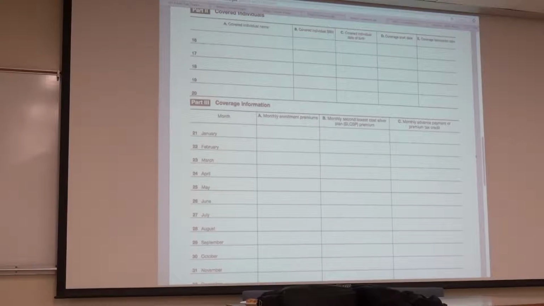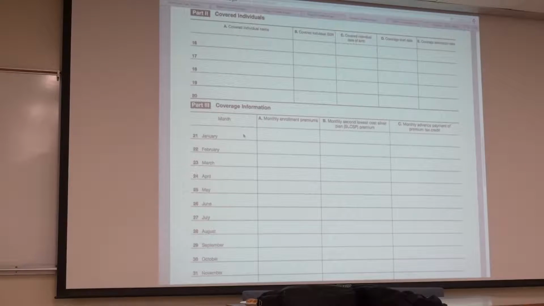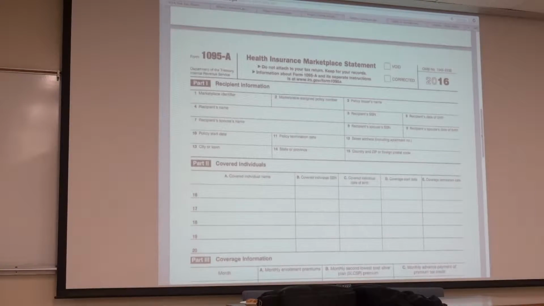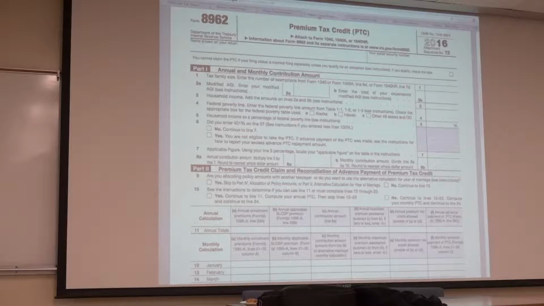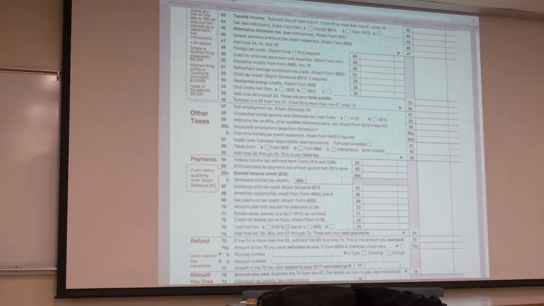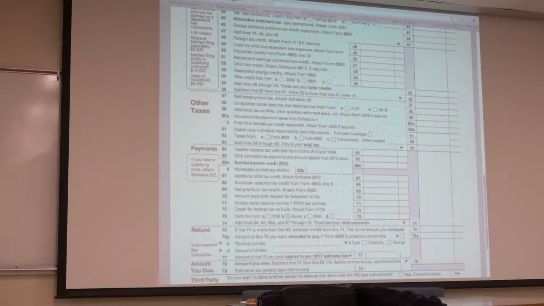I wouldn't go off of whatever they tell you really. Like again, like the W-2, it's reported to the government, so I would match whatever's on here. So just keep that in mind.